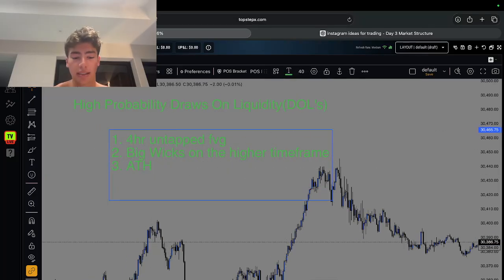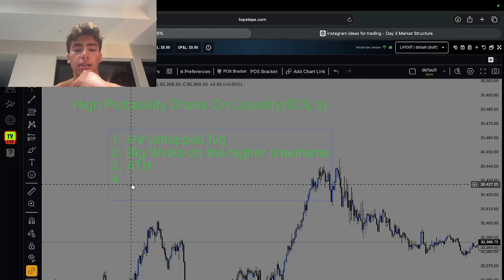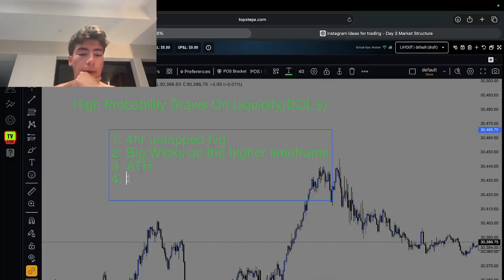And this is insane sauce just from me watching the markets over time. So definitely take notes on this because this could take your trading to the next level for sure. Once I started prioritizing high probability draws on liquidity, my trading flipped and took a huge turn, and I started making a lot more money.